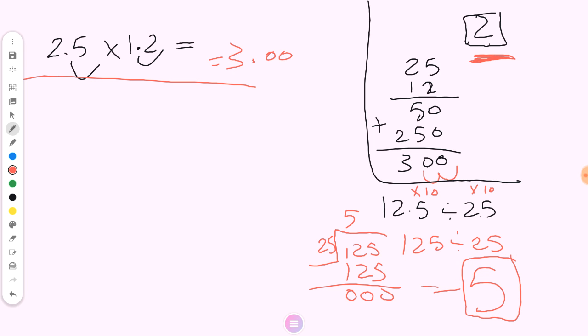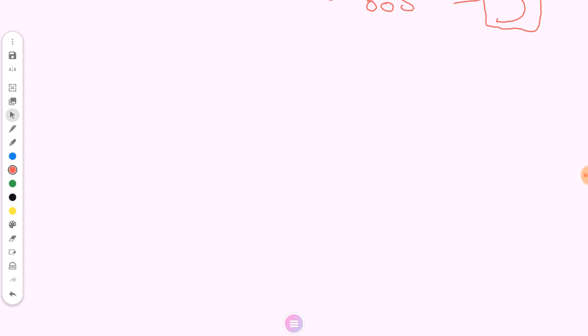Okay? So this is a small revision on how to multiply and divide decimal numbers. The last thing is about fractions. If you have this example, 1 over 2 plus 1 over 8, can you do it? Actually, the secret of adding or subtracting fractions is to make the same denominator.